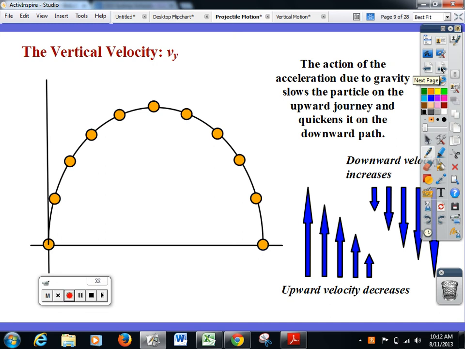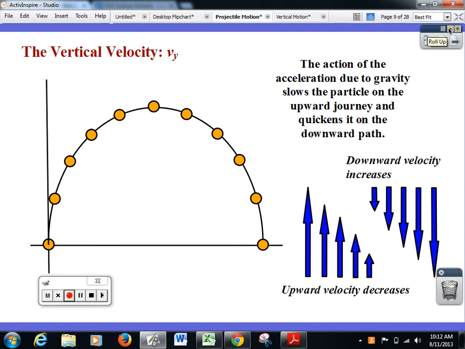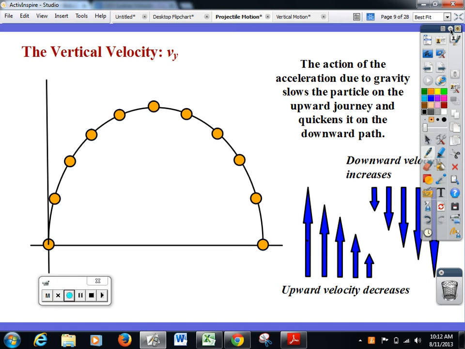Right, getting back to my vertical velocities again. When you first throw or project this ball, the vertical velocity upward is huge. So firstly, the ball has a large vertical velocity. It starts losing vertical velocity.